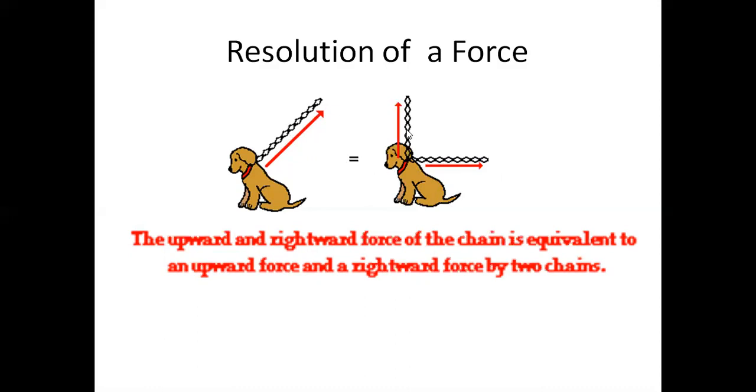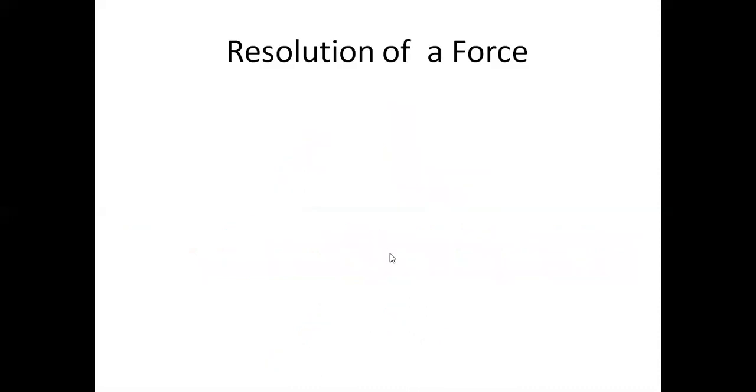We have to find the forces in such a way that, combined together, they give the single force. Therefore, we have split a single inclined force into two forces: one a vertical force and another a horizontal force. This is what a resolution of force is. Now, take a single force F.